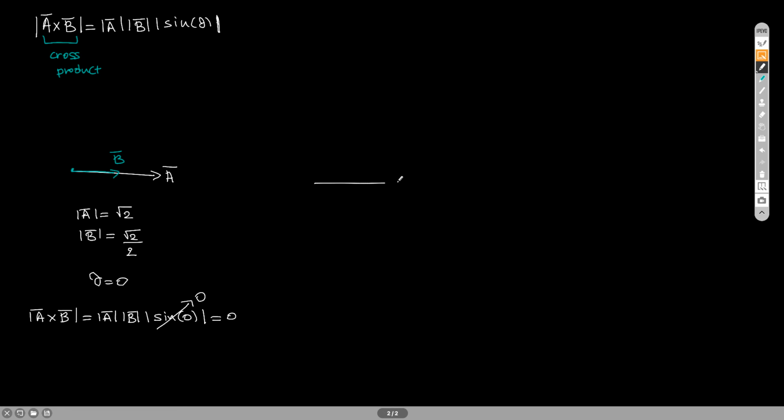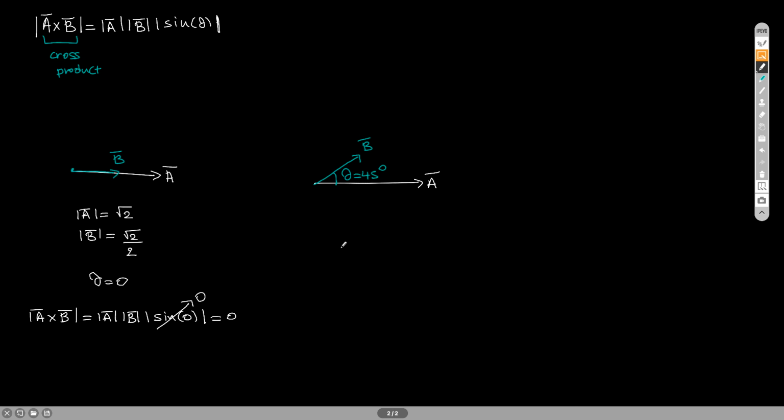Now, let's say I do A here. For B, I'm going to keep the same magnitude as before, but now I will say that B is at an angle. I'm going to say that this angle theta is 45 degrees.